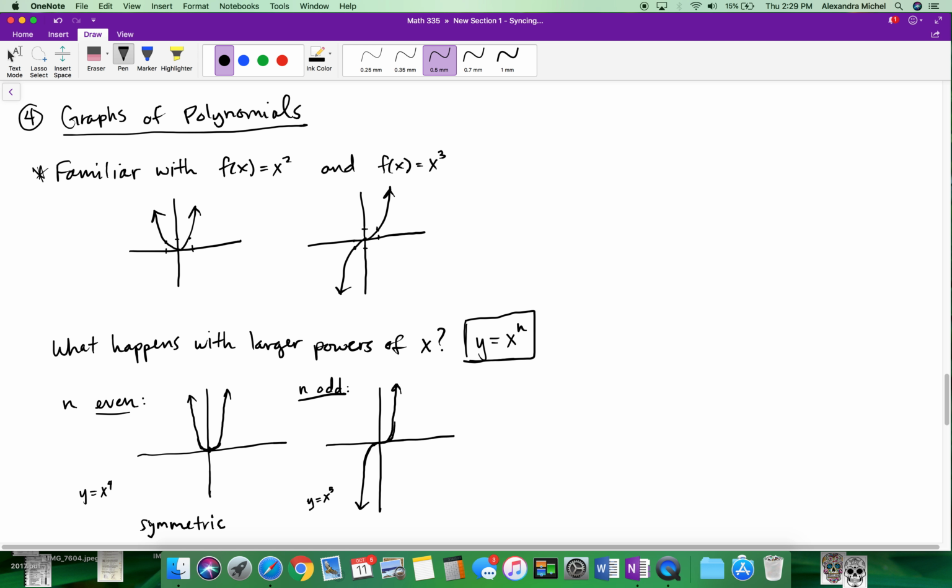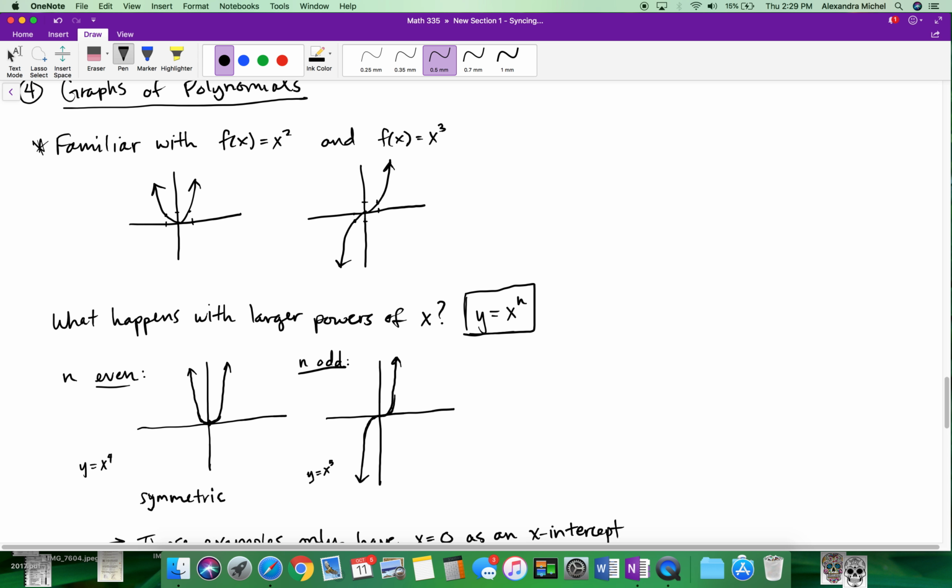These are even functions, and these are going to be symmetric on the y-axis. And here we have symmetric about the origin. So that means we're rotating it 180 degrees to get the other part.